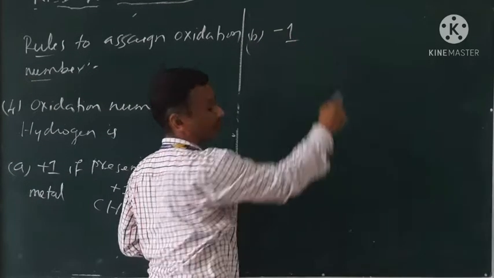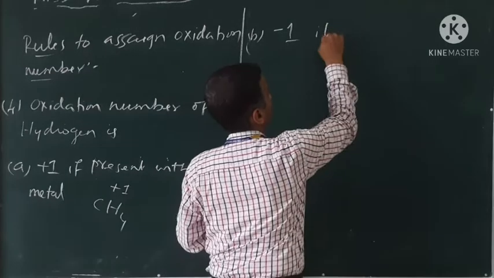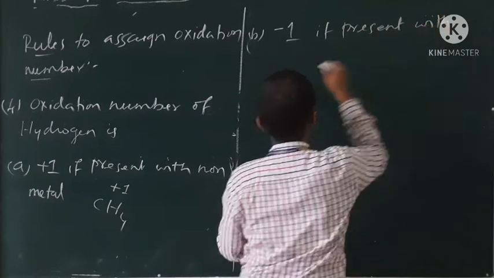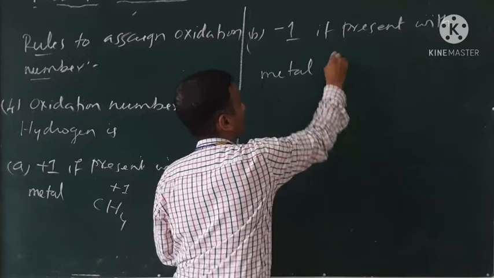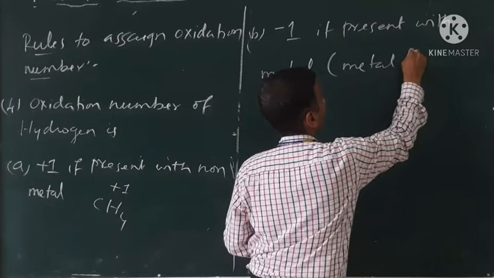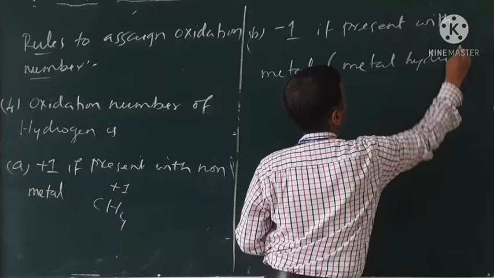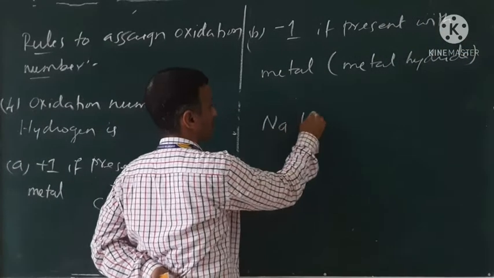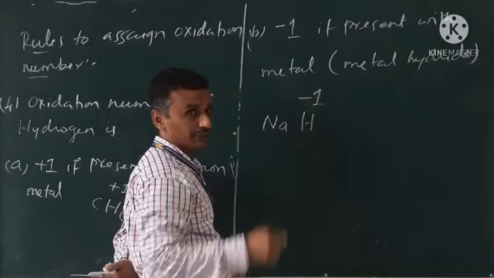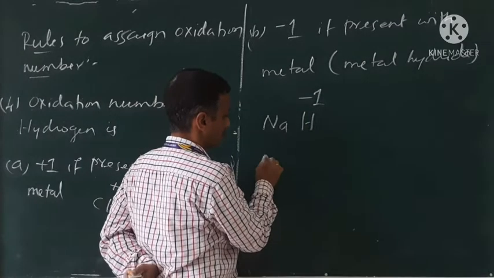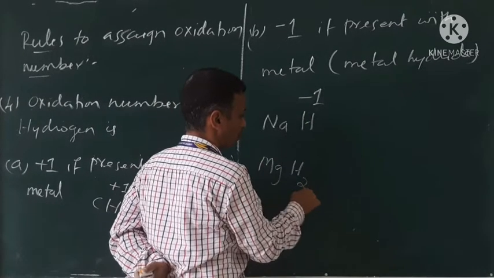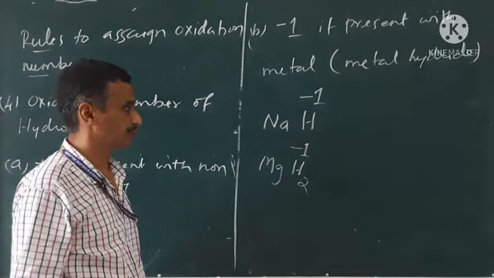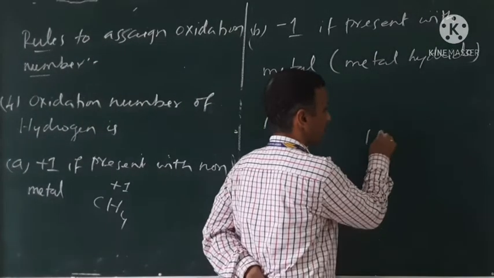It is minus 1 if present with metal, that is metal hydride form, then the minus 1. NaH, you have minus 1, not the plus 1. MgH2, both the hydrogen are in the minus 1 stage, not in the plus 1 stage. Why? See, 1s1.